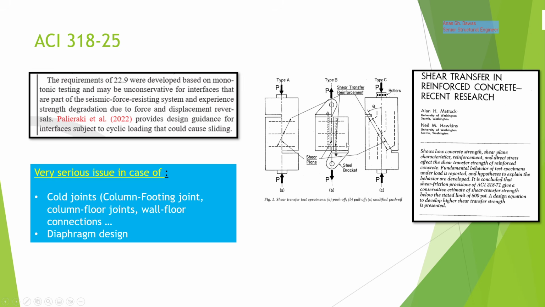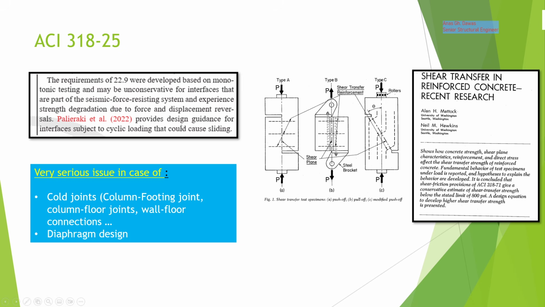In the ACI code, we have section 22.9 for shear friction calculations. Shear friction calculations can be used for cold joints, I mean construction joints, for diaphragm design, for column floor joints. So there are a lot of cases where we can use them. Also in corbel design, we can use the shear friction calculations.